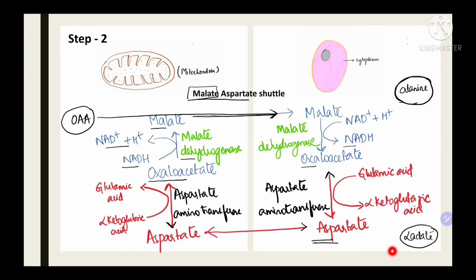Because when alanine is the substrate and the malate shuttle predominates, it is because NADH is required for further reactions of gluconeogenesis in the cytoplasm. Whereas when lactate is the substrate, NADH is not necessary because it is already present in ample amounts through the lactate dehydrogenase reaction.